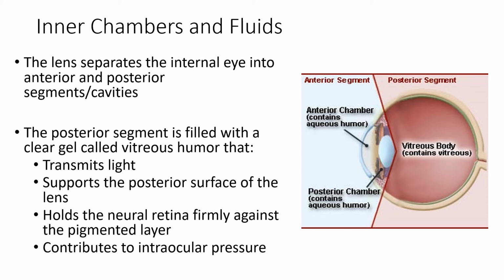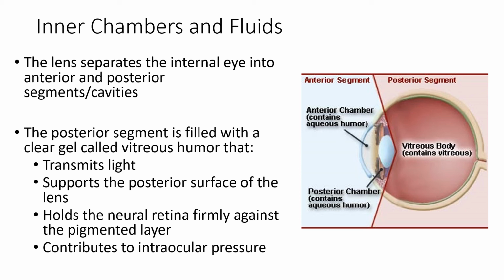In front of the lens, we have what's called the anterior segment. Now, where it gets confusing is the anterior segment is divided into two cavities itself. So we have the space between the lens and the iris, and that's known as the posterior chamber of the anterior segment.